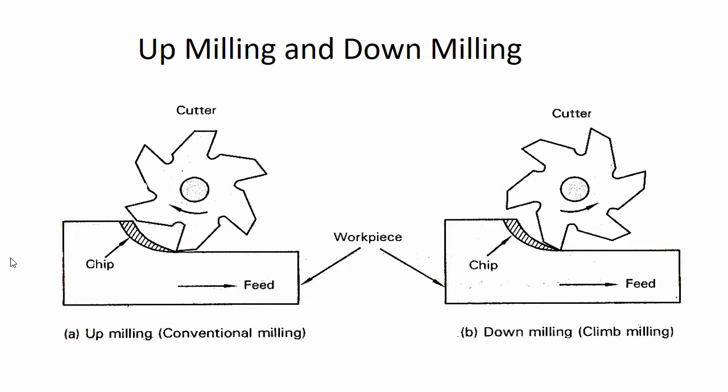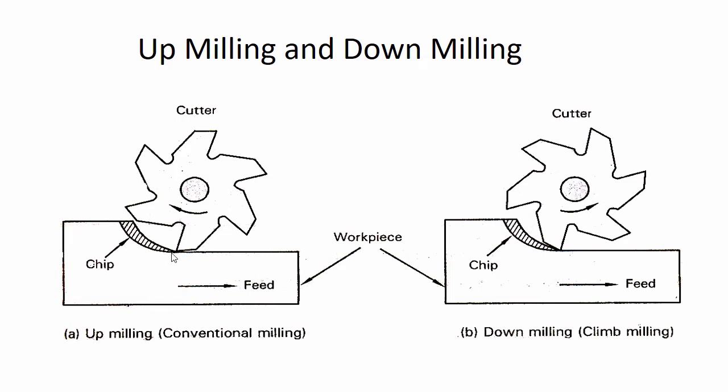If you bring it from left to right, while the cutter is rotating clockwise, that means you are bringing it against the rotation of the cutter. If you bring the workpiece against the rotation of the cutter, that milling operation is called up milling, or even conventional milling.